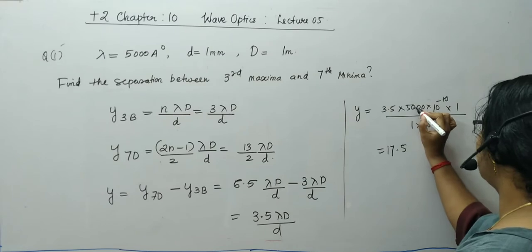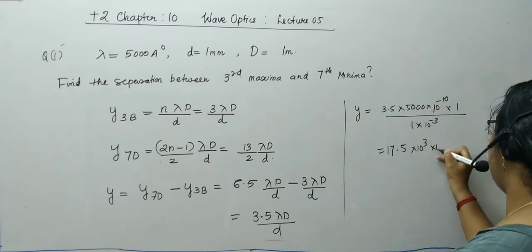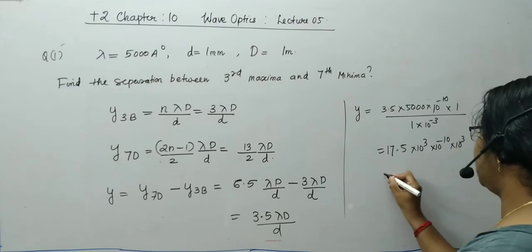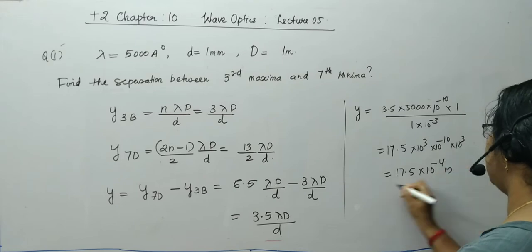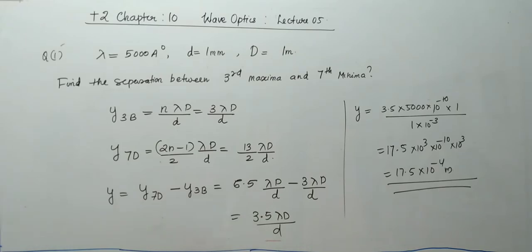Then 10 raised to minus 10 and 10 raised to plus 3. 17.5 into 10 raised to minus 4 meter will be the answer. You may check it, analyze whether the answer is correct or not.